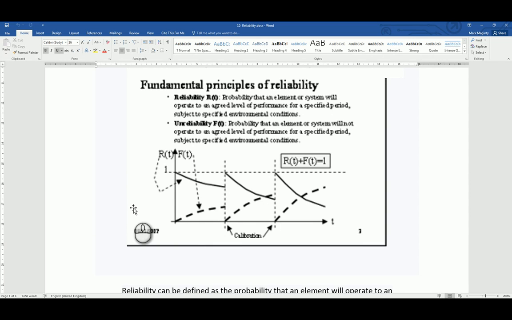The second dashed line, or the first dashed line in the second section, is a calibration point in which the system has been recalibrated or something tweaked in it, maybe for instance, to make sure that it's still operating the way it should. And then obviously there's a third one there, but what you should notice here is that each time it's calibrated, the slope of how reliable something is is of a greater gradient each time it's calibrated.